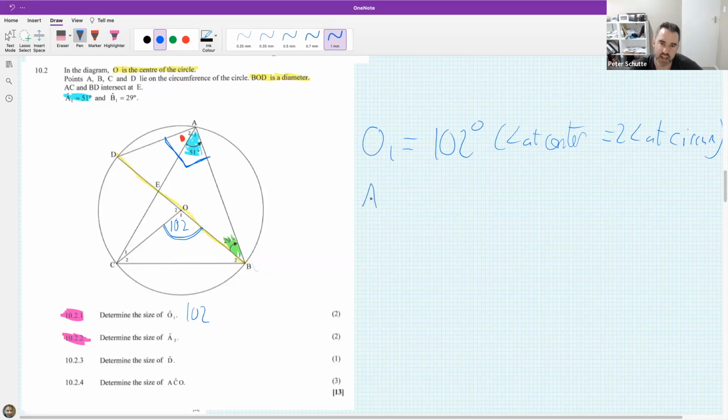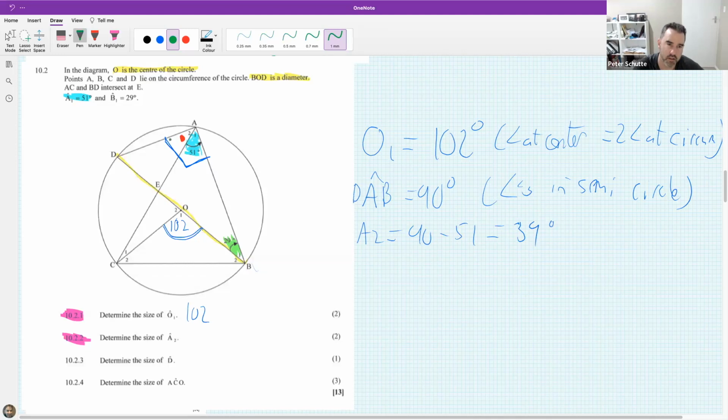So what we could say is that DAB is 90, and that would be angles in a semicircle. And because we know that A1 is 51, A2 is 90 minus 51, which is 39. So this would be 39 degrees.